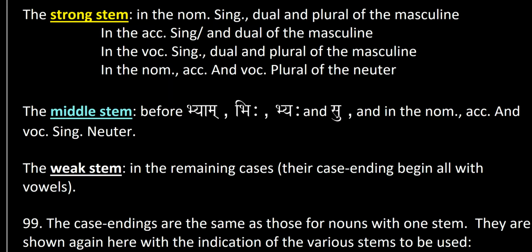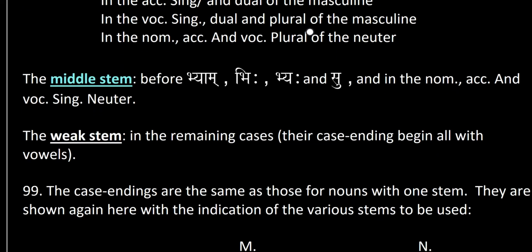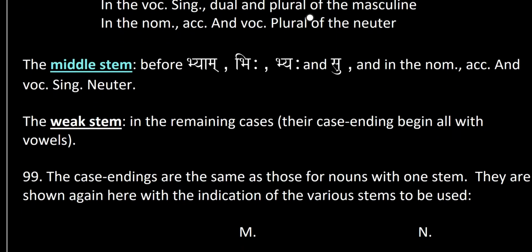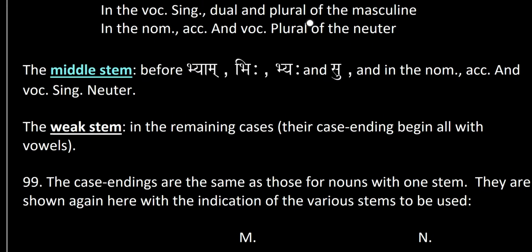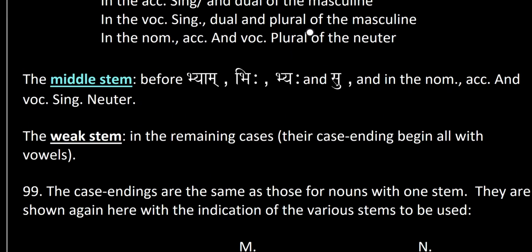The middle stem is used before the bhyam, bhis, bhyas, and su case endings, in both the masculine and neuter.